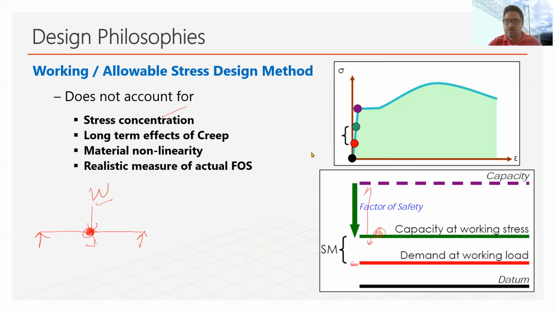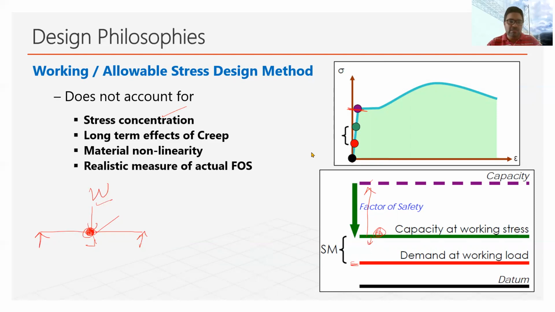It may go up to the violet line also. If it goes above the violet line, then we consider that the structure has failed at this point, because if the stress goes up from this dot, the steel will go into permanent deformation. And once the steel undergoes permanent deformation, we consider the steel as a failed member. So this is the drawback of this method, that it doesn't take care of the stress concentration point.